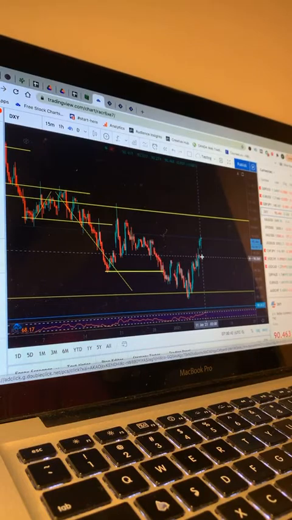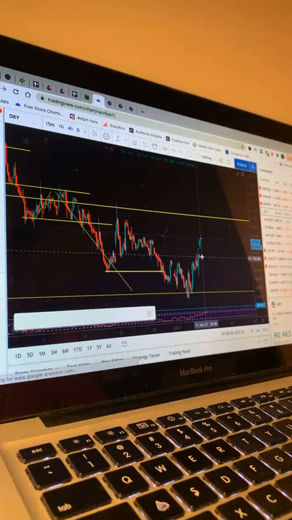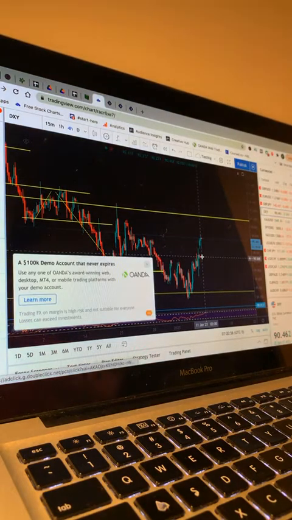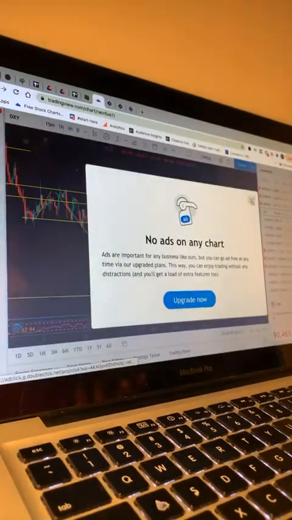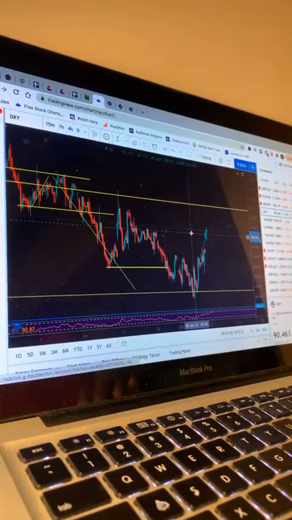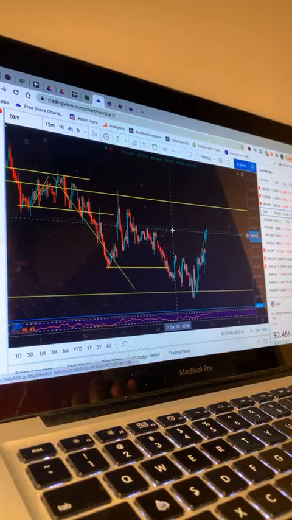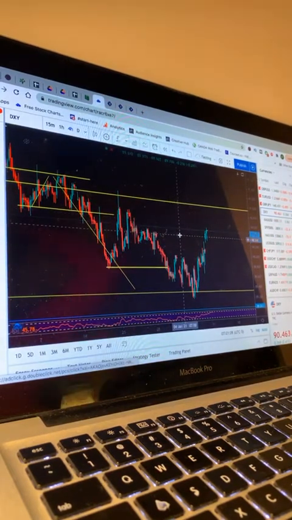And another thing about this week is looking out for any news related to Brexit that would possibly affect price, and anything related to, I think we saw a lot of rapid movement last week, more so with indices related to the elections here in the US or anything like that.